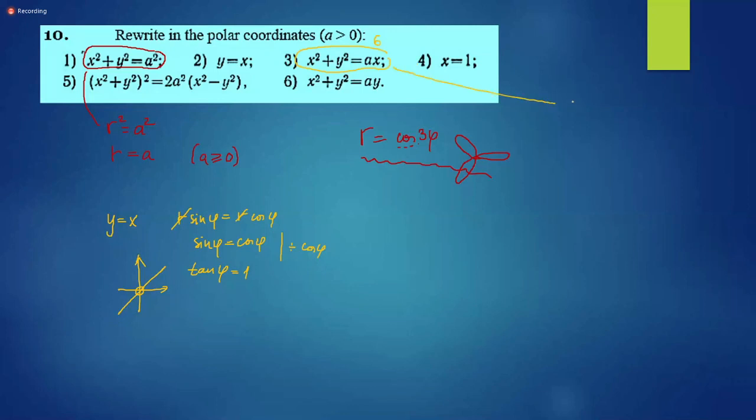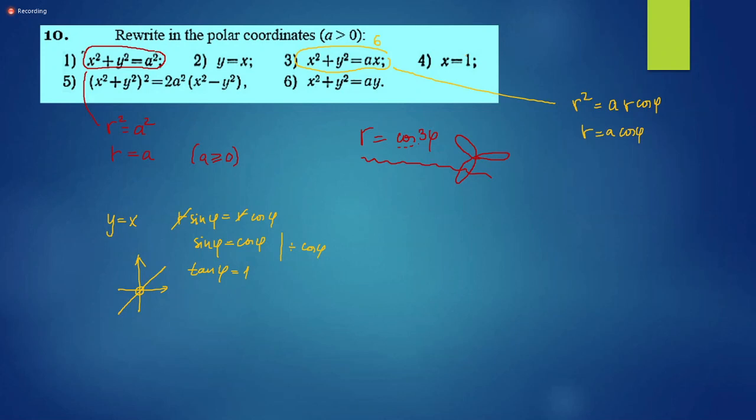So r squared equals a times r cosine phi. Divide both sides by r. We have r equals a cosine phi. We simply express the x and y coordinates using r and the angle, and then we simplify as much as possible.